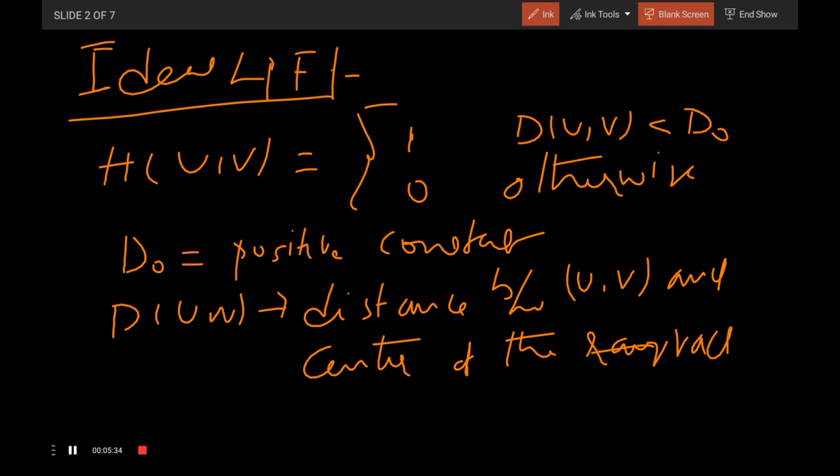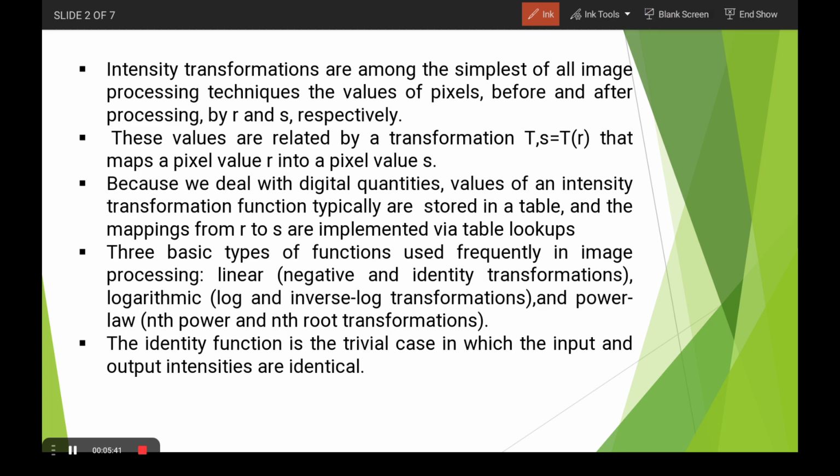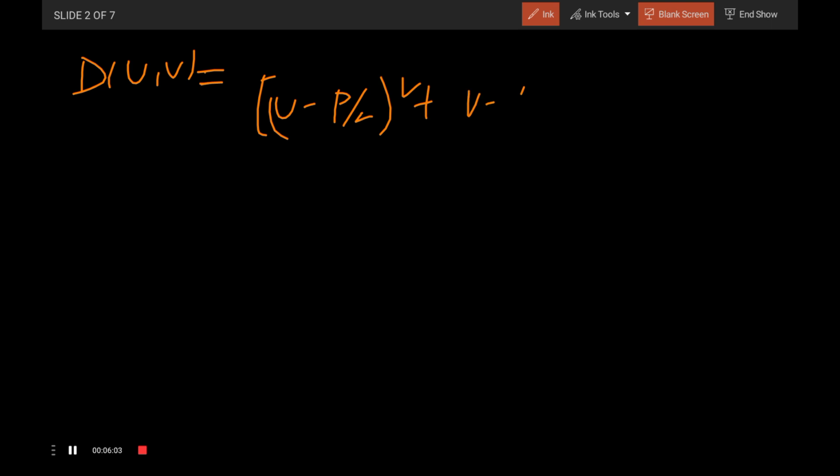D of u comma v is equal to the square root of u minus P by 2 whole square plus v minus Q by 2 whole square.